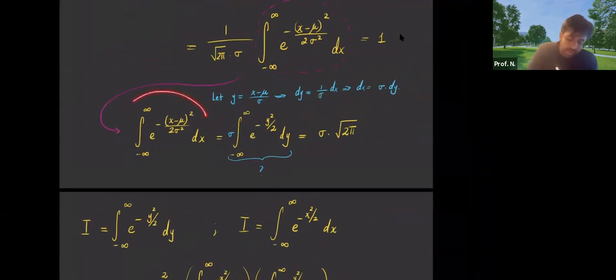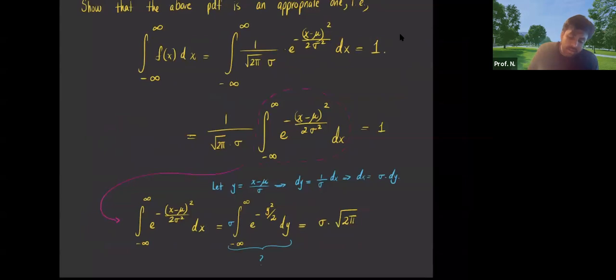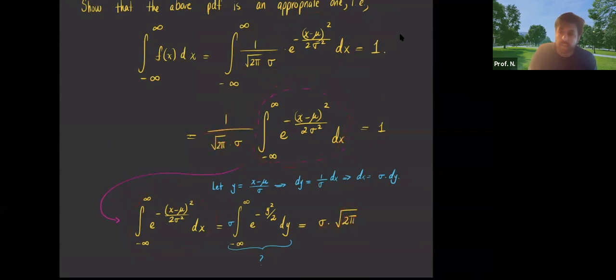Because we're trying to show that the PDF that I'm given indeed equals 1. Well, I've just shown that this integral here is equal to sigma times the square root of 2 pi. And this here was being multiplied by 1 over the square root of 2 pi times sigma. So these two constants will cancel out and I get 1.